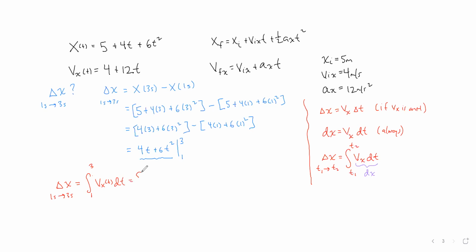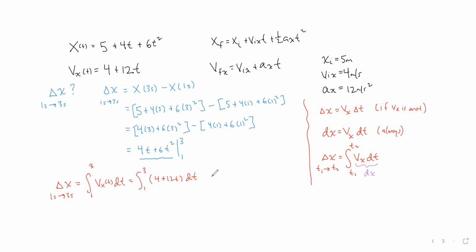This is the integral from 1 second to 3 seconds of, well, the velocity function is 4 plus 12t. So I'm multiplying the velocity at each time between 1 and 3 seconds by a little bit of time. And that is giving me little displacements that occur at each of the infinite moments that exist between 1 and 3 seconds.